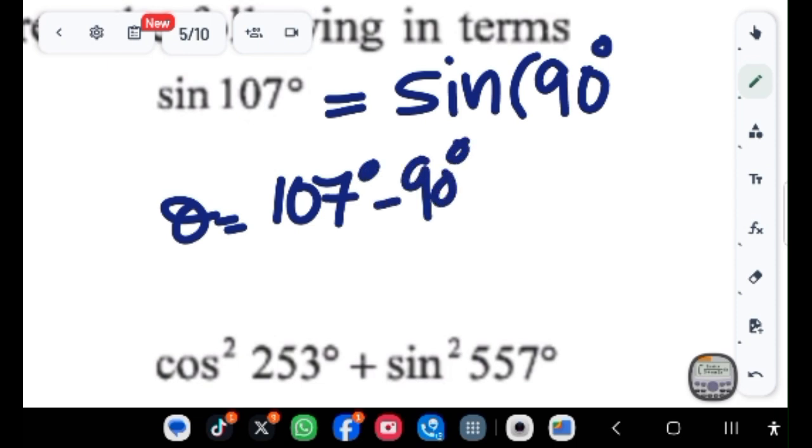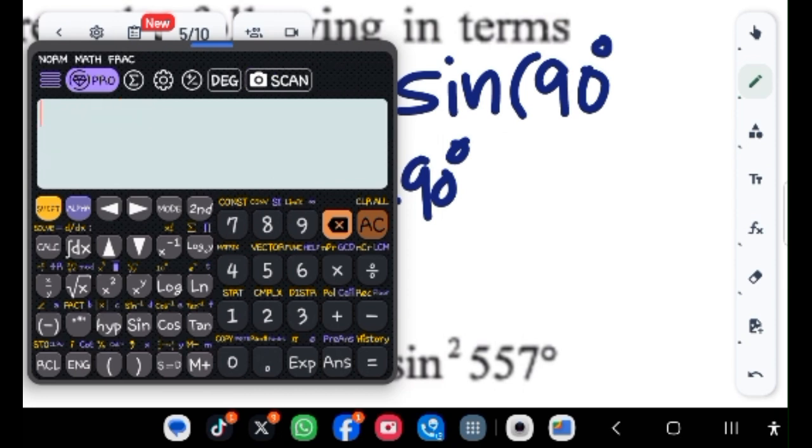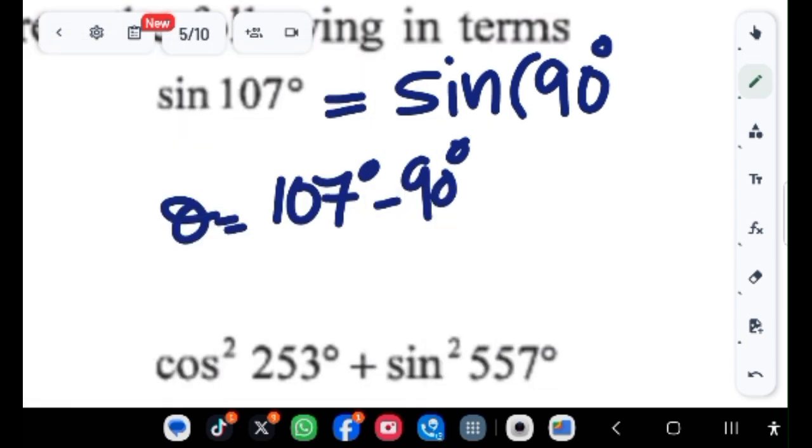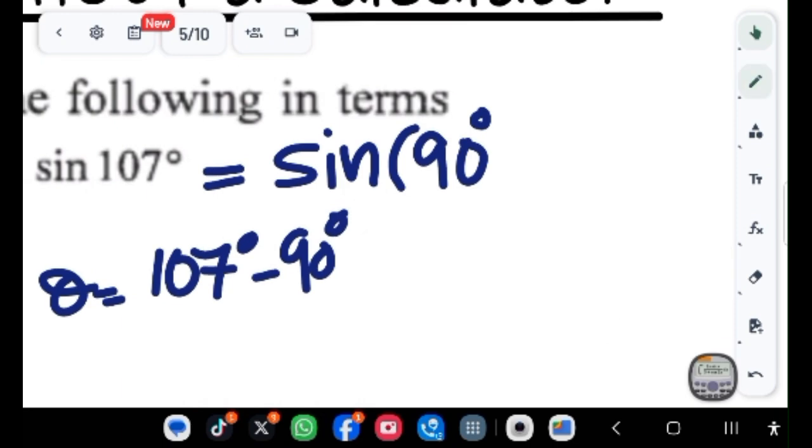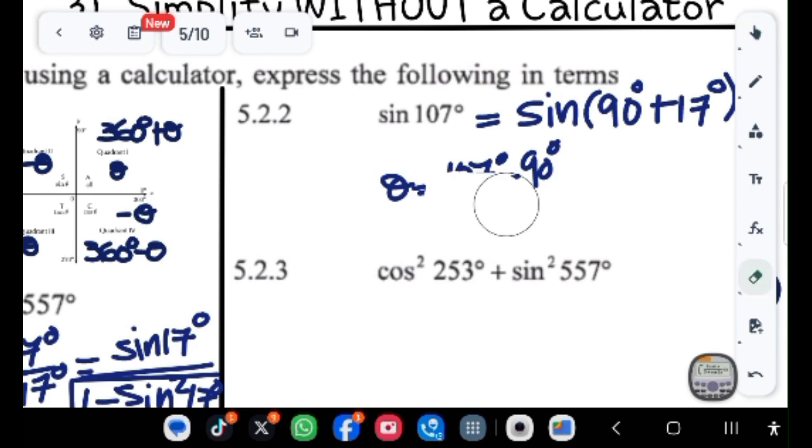So these ones will be centered around 90 degrees. That's how you work them out. So 107 minus 90 degrees gives us the acute angle we need to add, and that is 17 degrees. So that gives us 90 degrees plus 17 degrees, which we then use the cofunction reduction angle formulae to simplify.